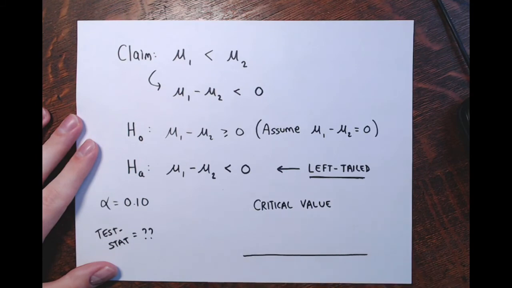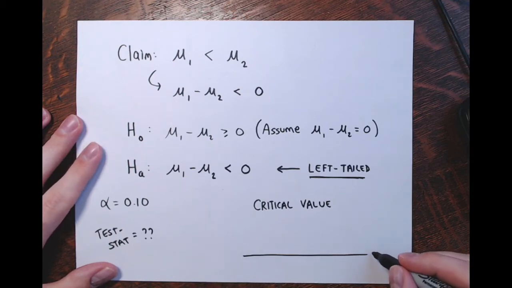So remember, in this case, since sigma 1 and sigma 2 are known, right, the population standard deviations are known, the distribution for the difference of these two sample means, if you have samples, would be a normal distribution, and we would convert that to a standard normal, right? We'd convert everything to z-scores.